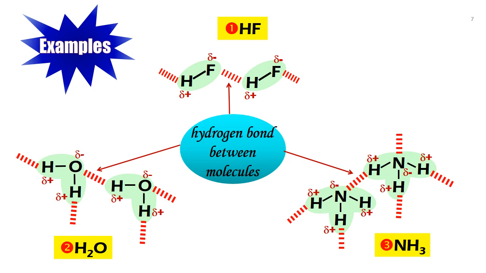The first, hydrogen fluoride, HF. Since there is an HF bond in hydrogen fluoride, this molecule fulfills the requirement for hydrogen bonding. The second, H2O, water. Water has an OH bond in it, so it also fulfills the requirement for hydrogen bonding.